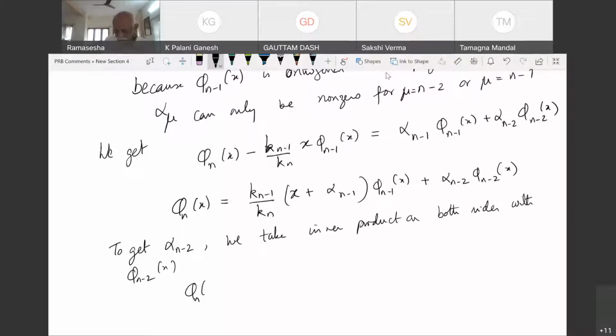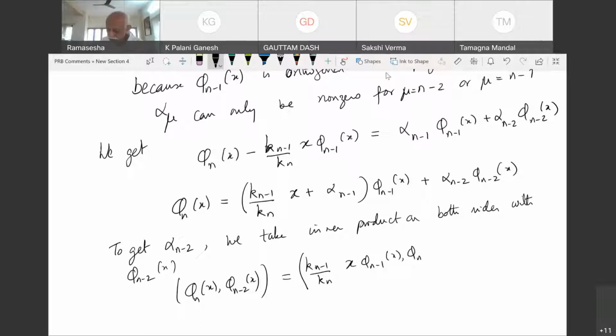The inner product of Pn x and Pn minus 2 x is equal to Kn minus 1 upon Kn times the inner product of x Pn minus 1 and Pn minus 2 x, plus, in bracket, alpha n minus 1 times the inner product of Pn minus 1 x and Pn minus 2 x, plus alpha n minus 2 times the inner product of Pn minus 2 and Pn minus 2.